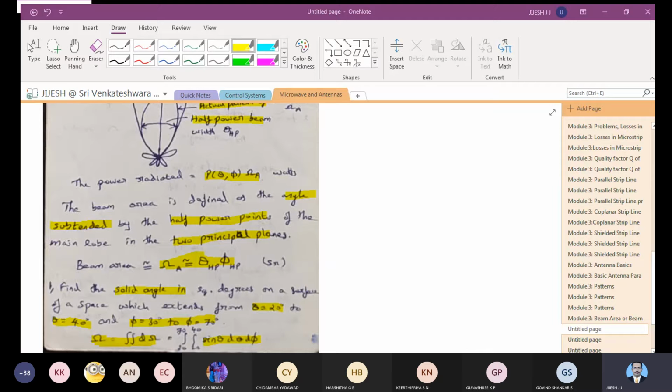Have we not completed it yet? Who got the answer for that? Reviteja, what is the answer for that integration?